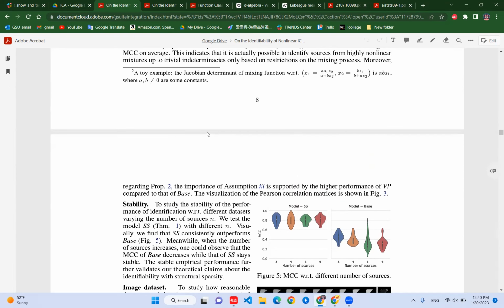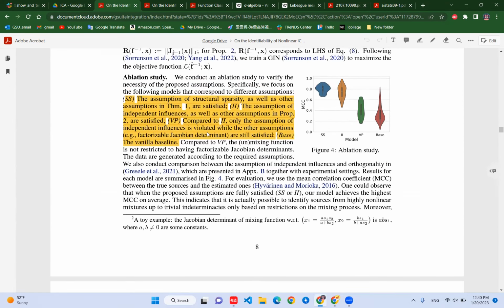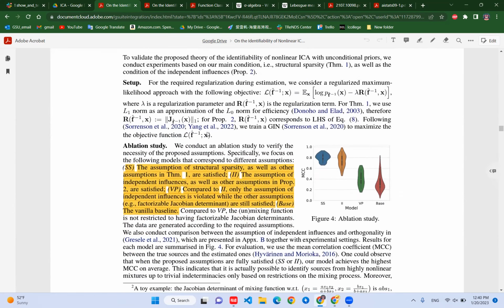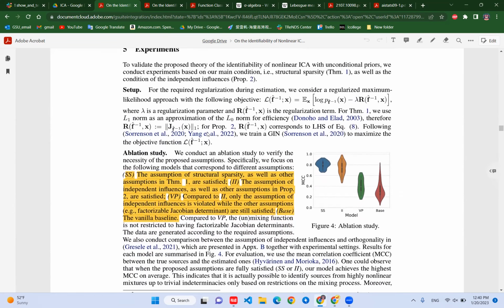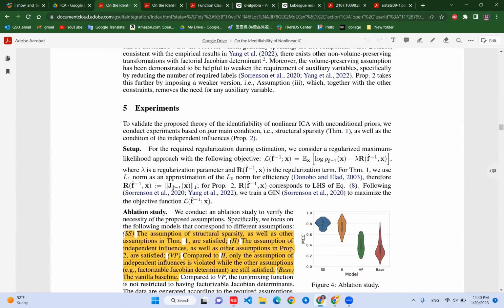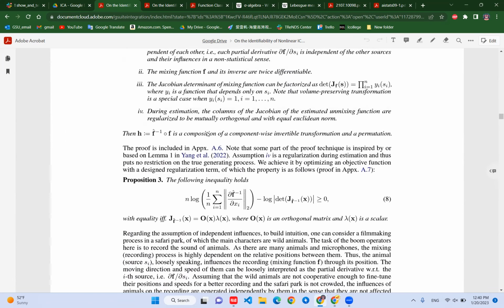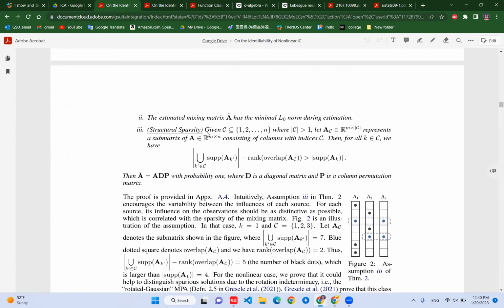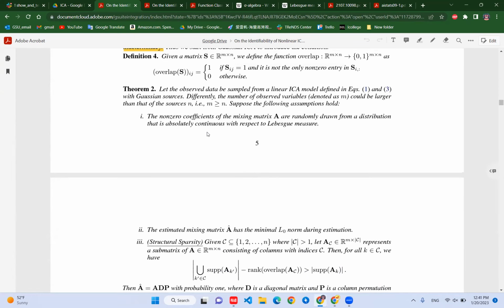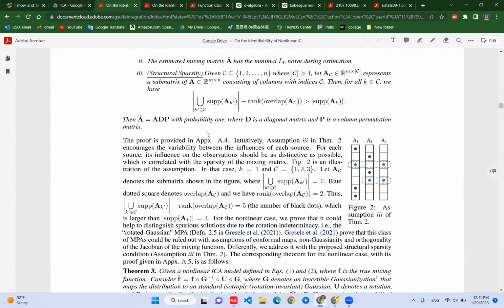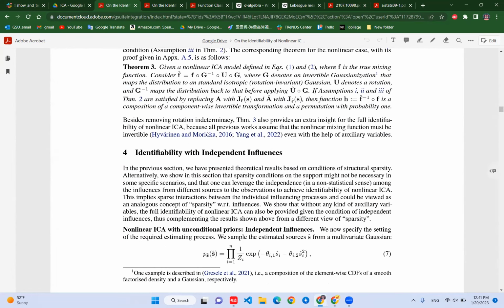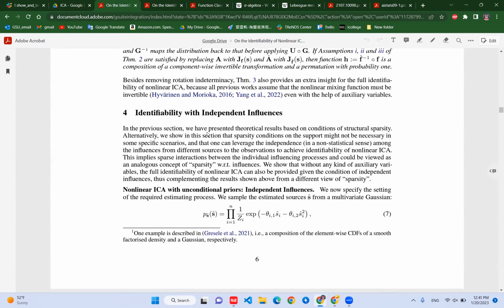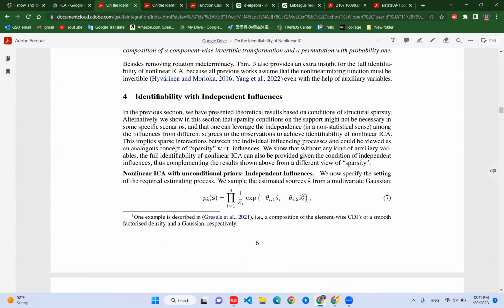And they have another theorem also. And this is the experiment result. What are they claiming? Okay, nonlinear ICA. Let's go to this number 4. Nonlinear ICA with unconditional priors and independent influence.